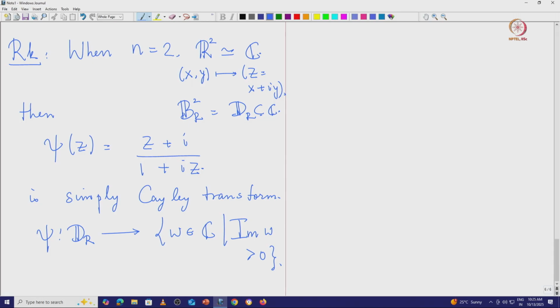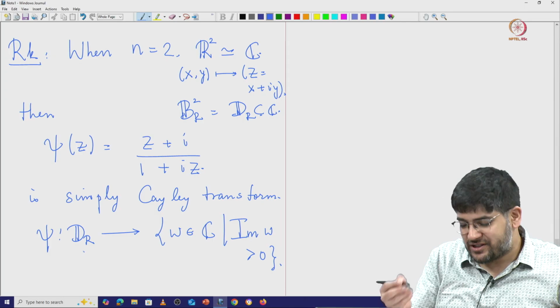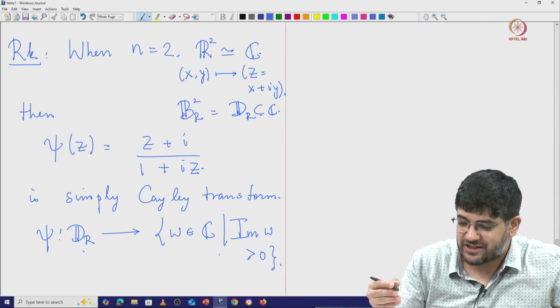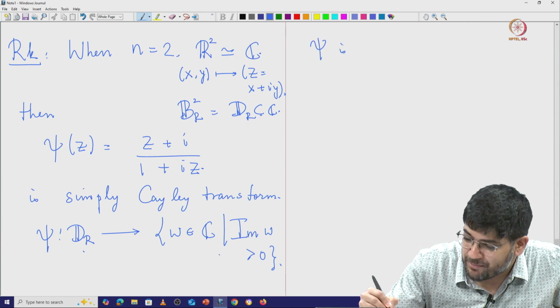So this psi is essentially a Mobius transformation that takes a point in the disk of radius r to the upper half space, and this is simply the Cayley transform. So psi is in fact a biholomorphism.